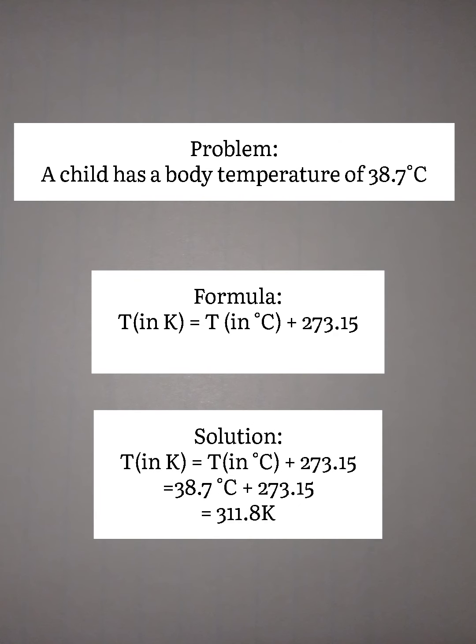So, in converting the temperature from degrees Celsius to Kelvin, temperature in Kelvin equals temperature in degrees Celsius plus 273.15 equals 38.7 degrees Celsius plus 273.15 equals 311.